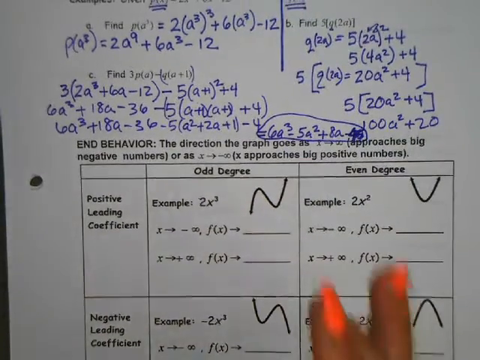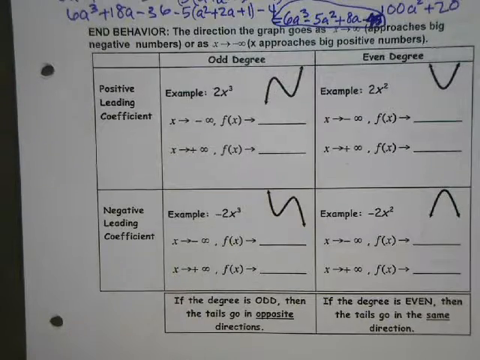When we talk about the degree of the polynomial function, we put it in standard form. Whatever the highest exponent is going to determine what's happening with the ends. We have two options: if it's odd or if it's even. Even is 2, 4, 6, 8; odd is 3, 5, 7, whatever. So that's it. Two options, odd or even. When it comes to degree, it's going to tell us if they're going in opposite directions or in the same direction.